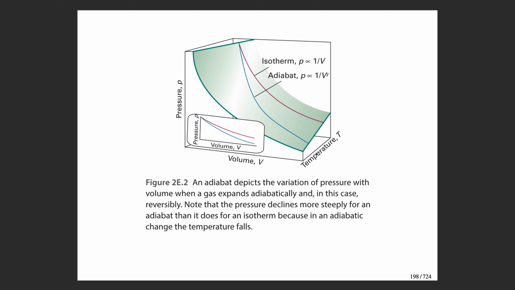You see that the temperature is increasing in this diagram, and so the temperature goes down as the gas expands. And so these aren't the same process. Okay, so a reversible isothermal expansion is different from a reversible adiabatic expansion. Namely, the temperature decreases in the adiabatic expansion.